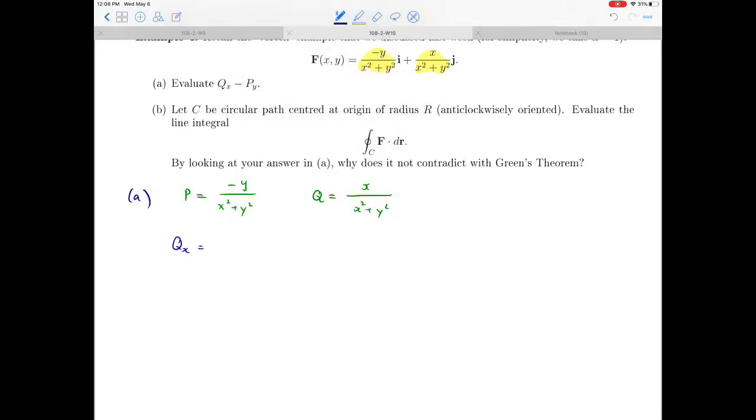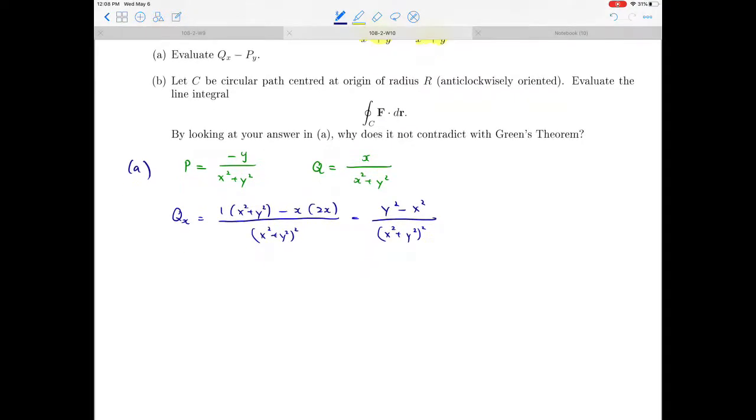So what is Qx? Careful computation. If you use the quotient rule, you get 1 times x squared plus y squared, minus x times 2x, over x squared plus y squared, squared. So you get y squared minus x squared over x squared plus y squared, squared.